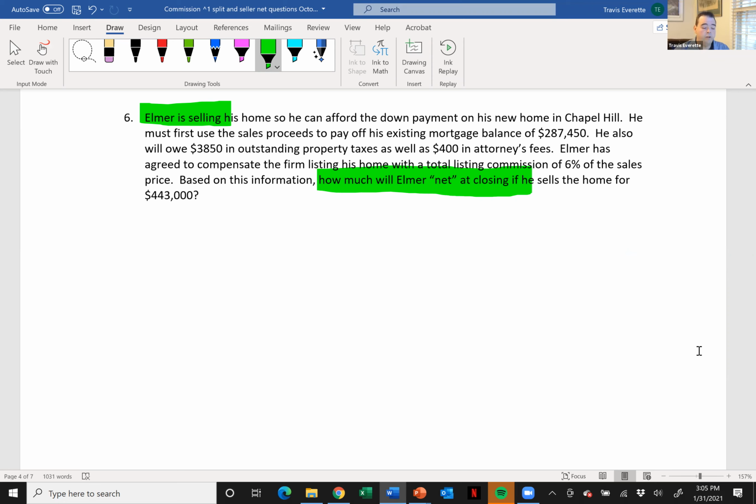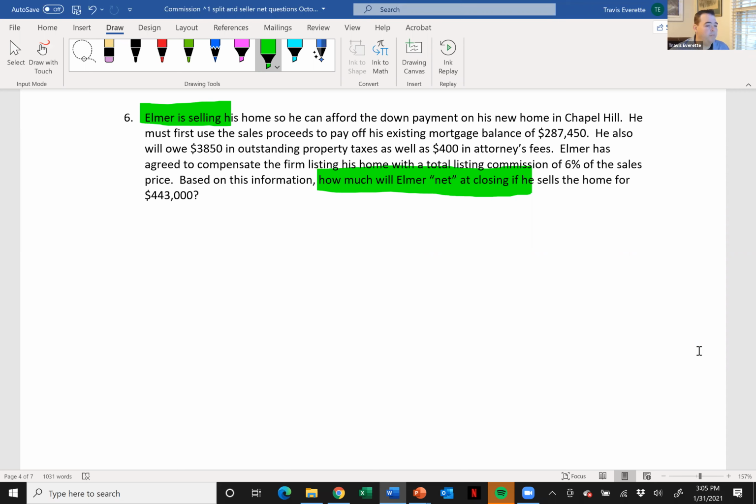He also will owe $3,850 in outstanding property taxes, as well as $400 in attorney's fees. Elmer has agreed to compensate the firm listing his home with a total listing commission of 6% of the sales price. Based on this information, how much will Elmer net at closing?